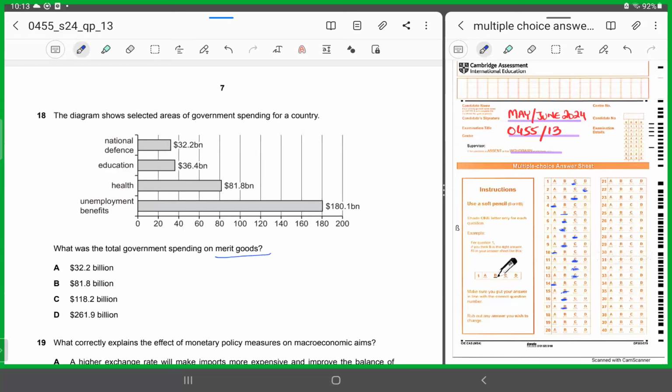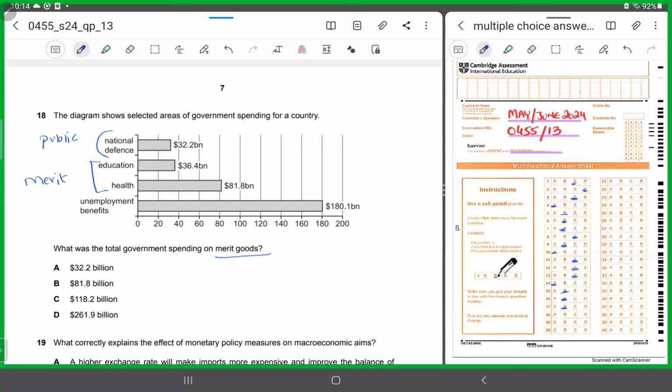Out of these four services, which of them are merit goods? National defense, education, health, unemployment benefit. Yes, education and health are merit goods. What about national defense? National defense is a public good.